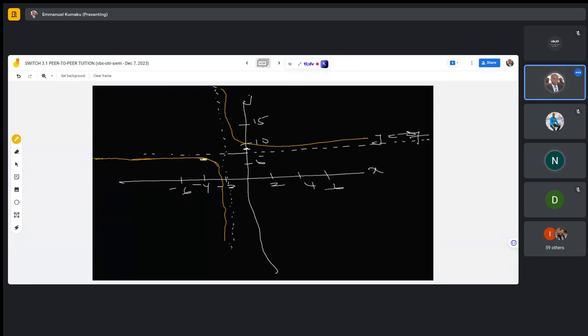You'll never touch it. It's up to infinity. It doesn't have an end point. So this portion too is up to infinity, but it will never touch the asymptote. It will never touch it. This will be the same thing. It will never touch the asymptote. It's up to infinity.